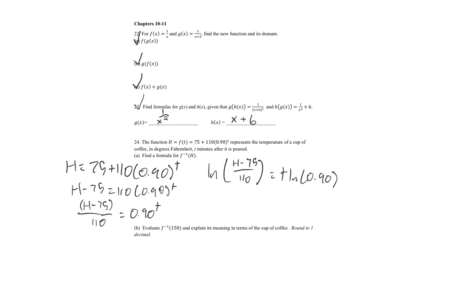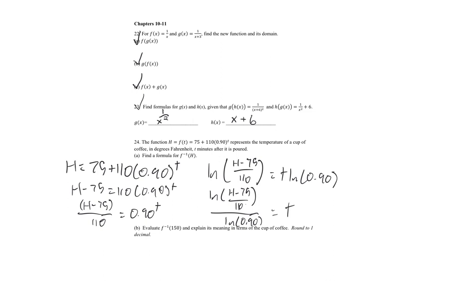And then we can divide by natural log. Divide by a natural log of 0.9. I should be a little more specific. Well, there we go. That's a function for t.